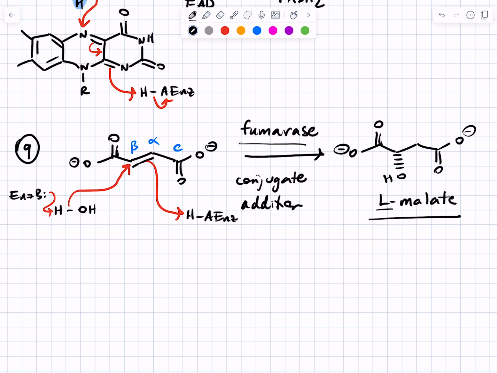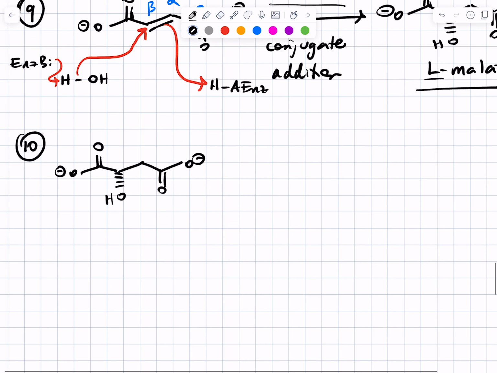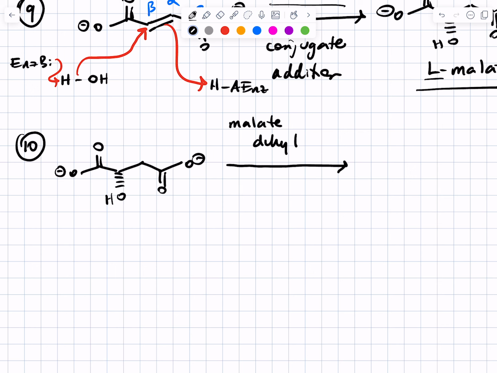So for step 10, all we need to do is oxidize that secondary alcohol in L-malate to become a ketone, and then we will have completed the cycle to make the starting material for the citric acid cycle, which is oxaloacetate. The enzyme that does this is called malate dehydrogenase, and you're going to use a molecule of NAD+ and get a molecule of NADH out.